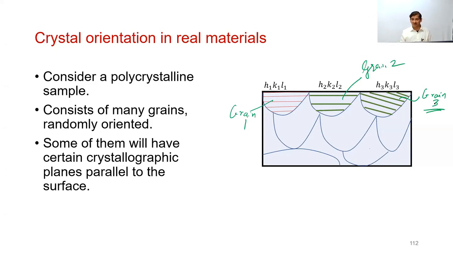In the other case, it may be another set of planes, H2, K2, L2, which is parallel. The spacings will be different. These are planes with different indices. And there may be some other plane in grain 3, H3, K3, L3, which is not even parallel to the surface. It's at some other oblique orientation with respect to the physical surface of the sample.